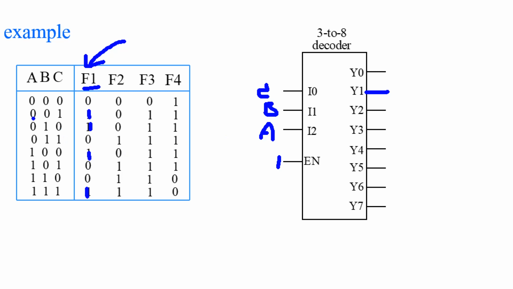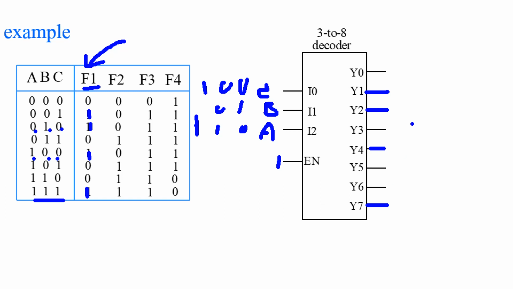When you apply 0 0 1 at A B C, then Y1 is active, and when you apply 0 1 0, Y2 is active, and when you apply 1 0 0, Y4 is active, and when you apply 1 1 1, Y7 is active.